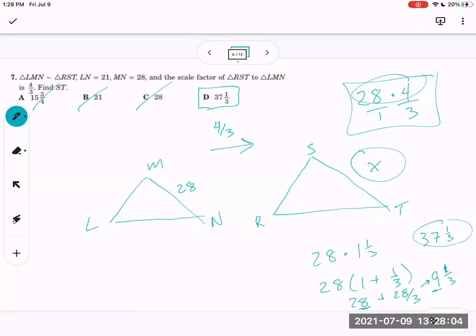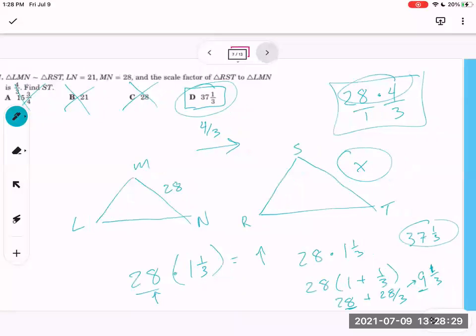Whenever you multiply a number by a number bigger than 1, that number is going to be bigger than the original number. Does that make sense? Yeah. So I knew none of these were the right answer. It had to be this one. And it was a multiple choice question, so I didn't even have to bother doing it unless I wanted to make sure I did it right.